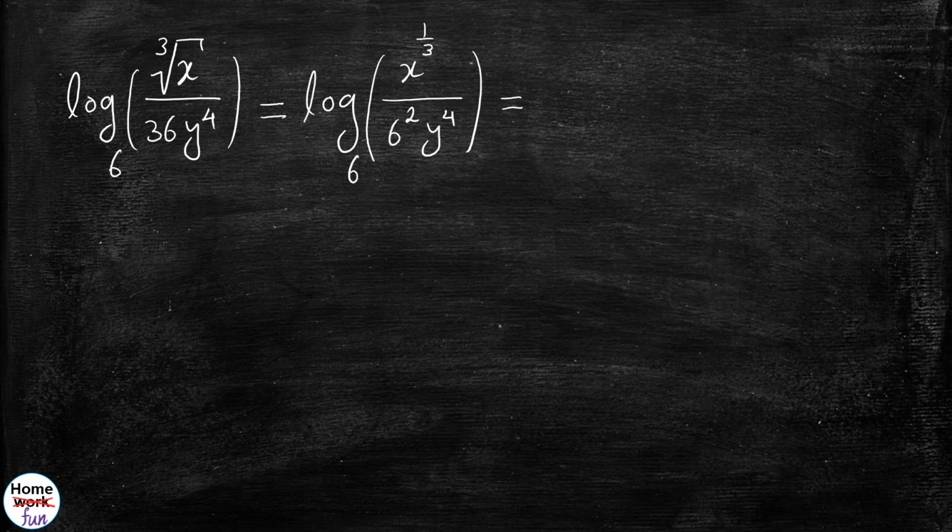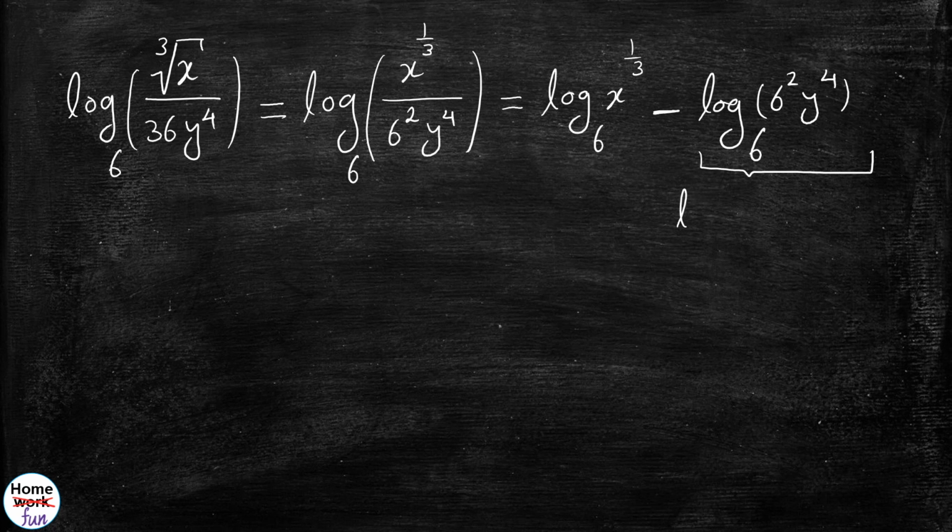So I can write this as log of x to the power of 1 over 3 with the base 6 minus log of 6 squared times y to the 4 with the base 6. So this second logarithm, I can write this product, the multiplication of 6 squared times y to the 4, as addition. So I can write this part as log of 6 to the 2 with the base 6 plus log of y to the 4 with the base 6.